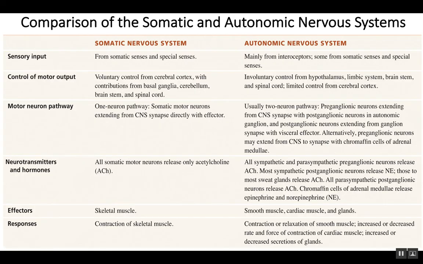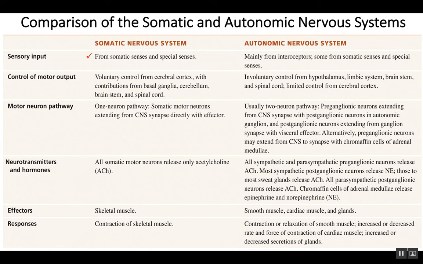Here's a thorough table comparing the somatic and autonomic nervous systems using sensory input, control, so what part of the brain or spinal cord, the motor pathway, what neurotransmitters are used, who are the effector organs, and then what are their responses?